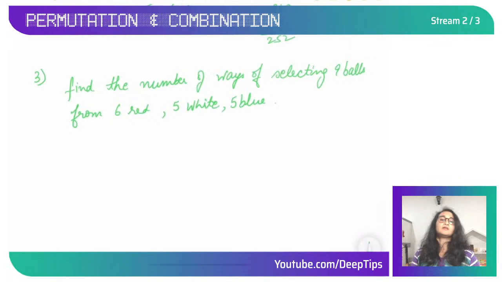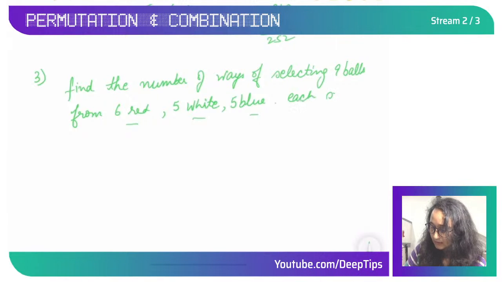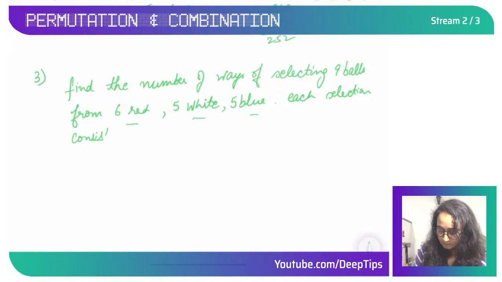But this question doesn't end here. They are saying find the number of ways of selecting 9 balls from these given colored balls, and there is a condition that each selection consists of 3 balls of each color.